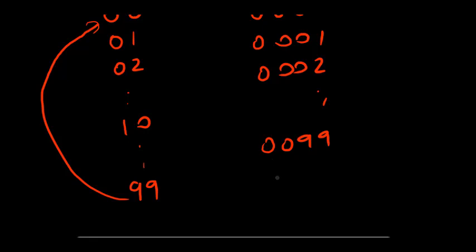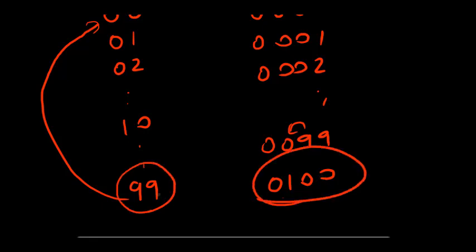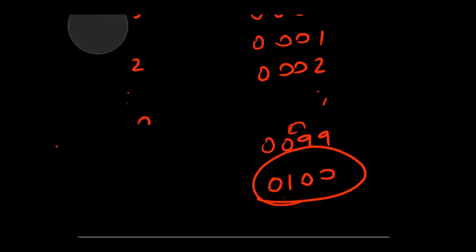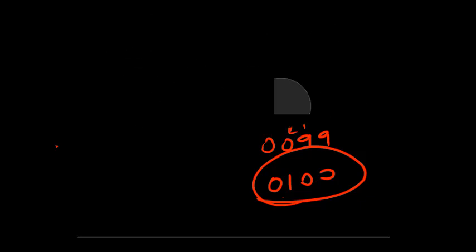It won't reset, it will actually become 0100. So whatever carry, it passes to the next digit. Okay, so this is the difference. This is a 2-digit counter, this is a 4-digit counter. So the same thing is actually happening in the case of INR and INX instructions.